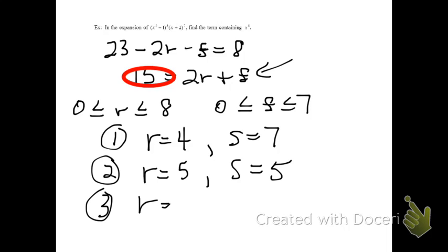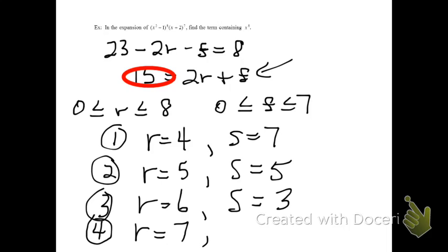If R was equal to 6, then S would be equal to 3, and that would also give me 15. And then the last one, if R is equal to 7, then S would be equal to 1, and that would give me 15. So I have 4 possibilities here that are going to add up to 15 and satisfy this equation here that will give us the exponent of 8.